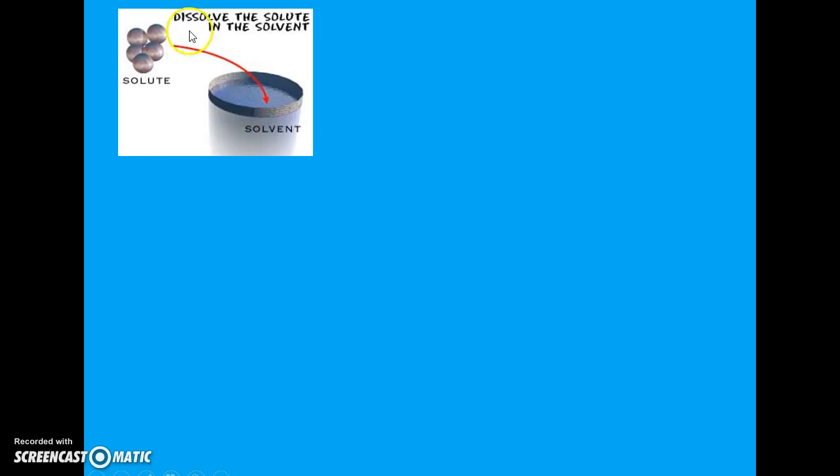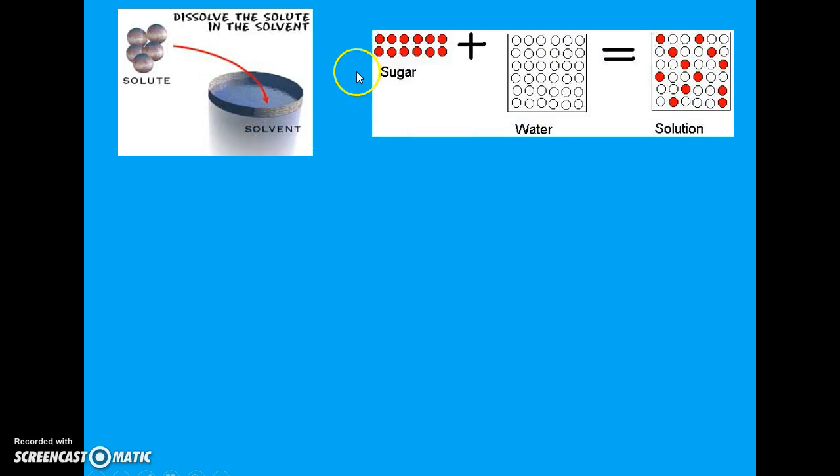Here's an image of a solute, which is the smaller quantity, that you dissolve in the larger quantity, the solvent. This image explains how sugar molecules dissolve in water. Sugar molecules are red, and when they dissolve, they go in between the molecules of water, as you see in this picture.